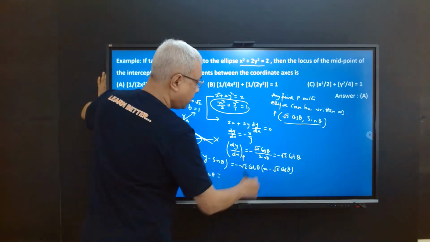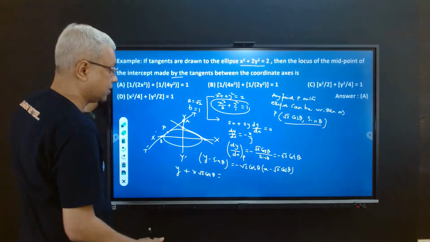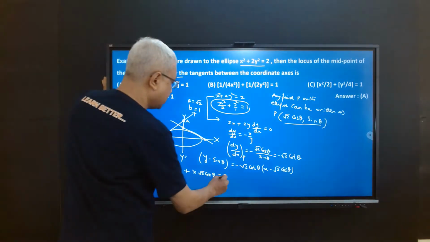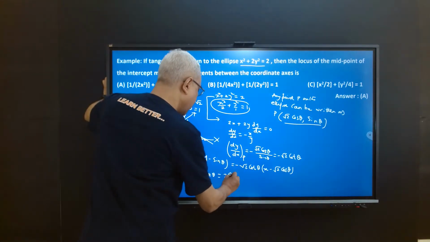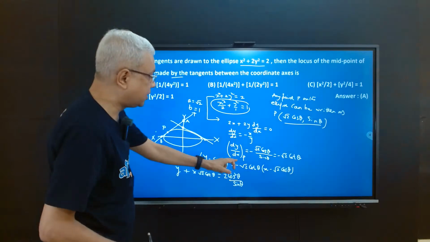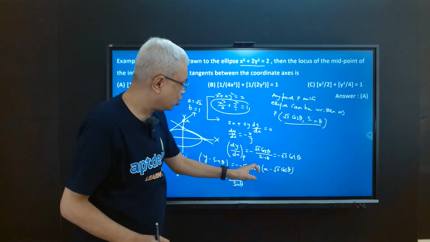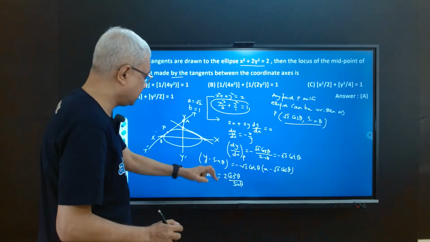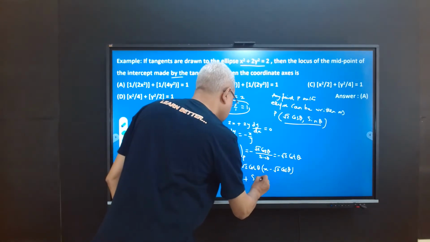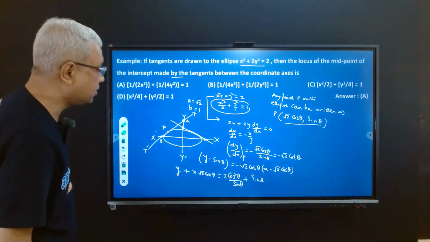Minus root 2 cot theta into minus root 2 cos theta. So it is 2 cos square theta by sin theta. I can write minus minus plus 2 cos square theta by sin theta, and this sin theta goes in the right hand side, so it is like this. So it is what?